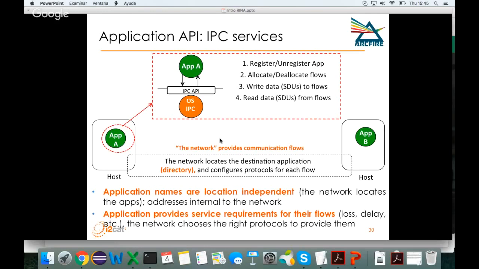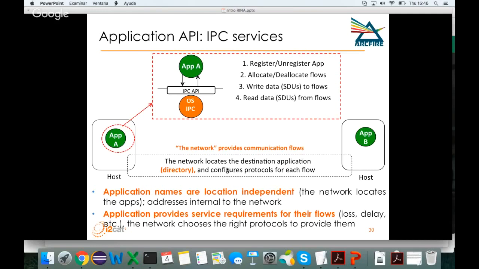So this allocation API will allow application A to allocate a flow to application B, and the network will figure out where B is, which is the address that I have to use to route the packets from A to. Also, applications need to be able to specify the requirements for their flows.